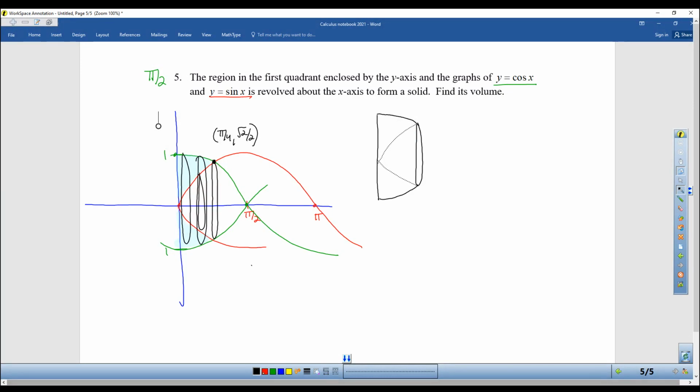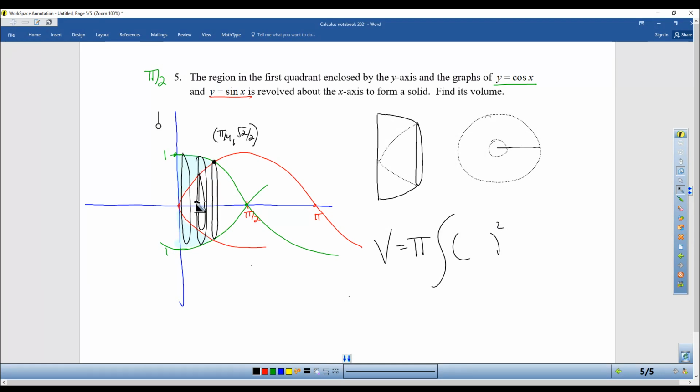So these washers are all going to look like that every single time. So my volume is pi r squared outer radius, this one, which in this case is being created by the sine or the cosine. Look carefully.